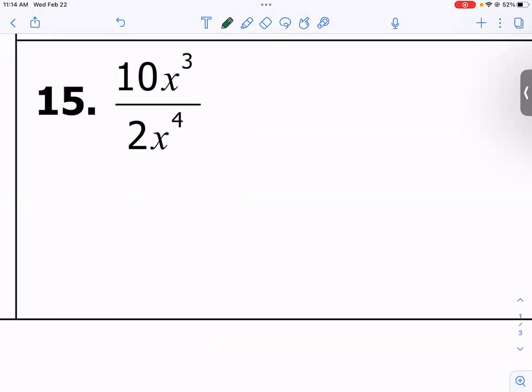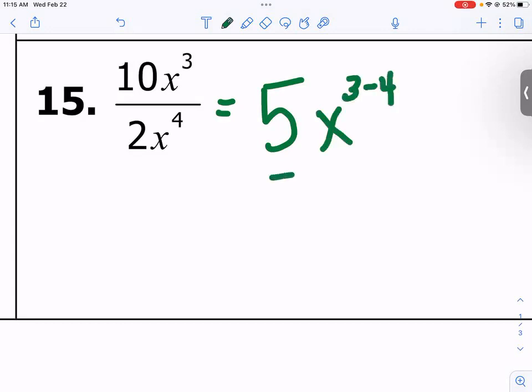Okay. Let's try number 15. What is 10 divided by 2? Okay. We are dividing, so I'm going to keep my exponent. And then Denise, what happens when we take 3 minus 4? It is -1. Okay. Bordeaux, can we leave a negative exponent in our answer?